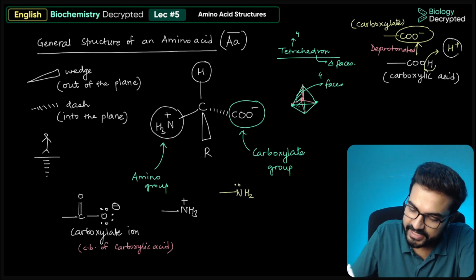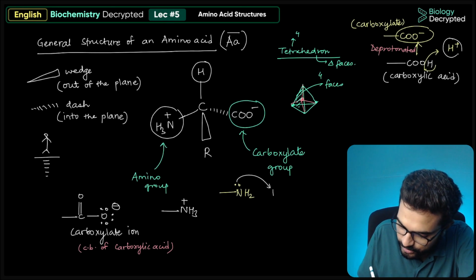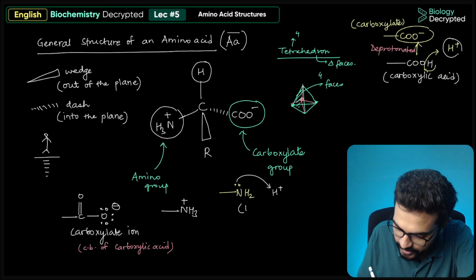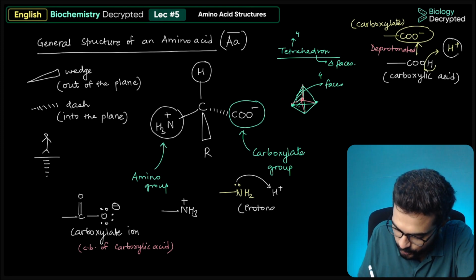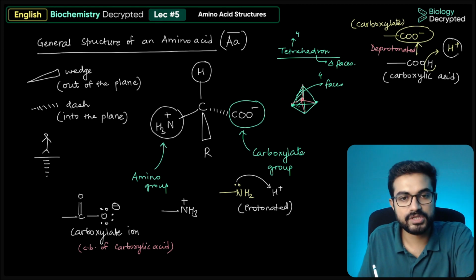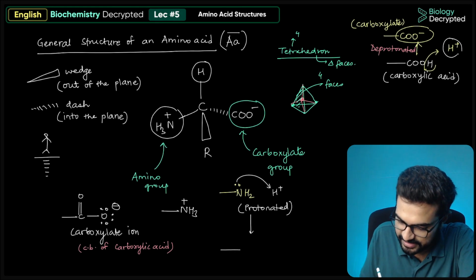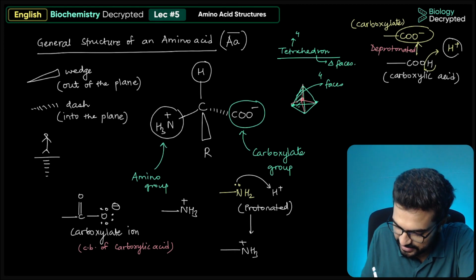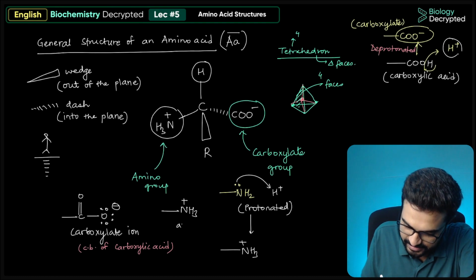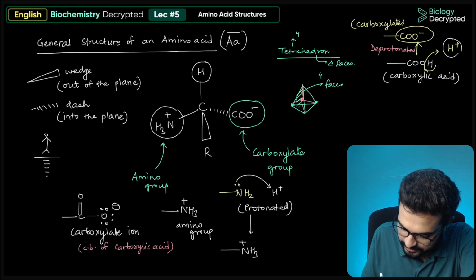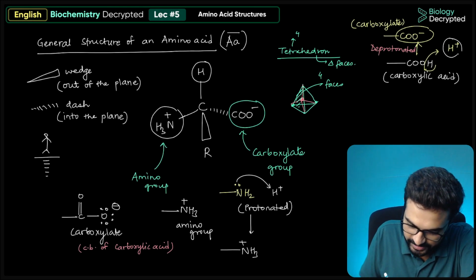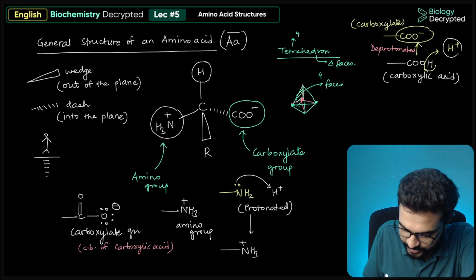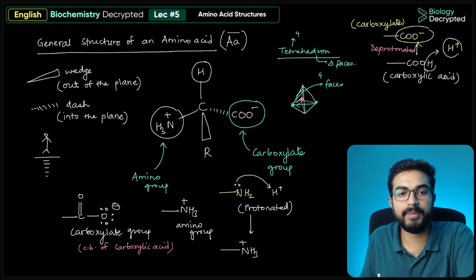Now what happened is NH2 took up a proton and therefore it was protonated, and as a result NH3 plus was formed, and this is the amino group. Just like this is your carboxylate group, similarly, this is your amino group.